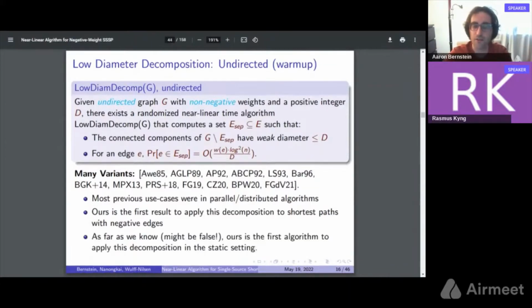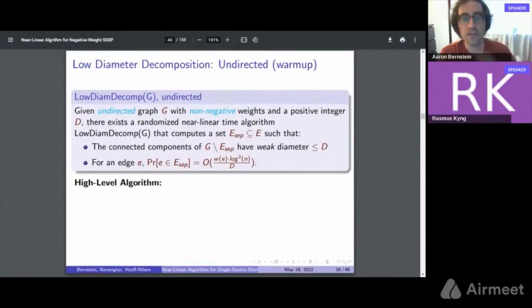And this I'm less sure of, but as far as I know, surprisingly, I have never seen this decomposition used in the regular static setting. I've seen it used a ton in distributed and parallel algorithms and a few dynamic algorithms, but I've never seen a normal static algorithm that uses this decomposition. I might be wrong, and if you know of a counterexample, I would love to hear it.